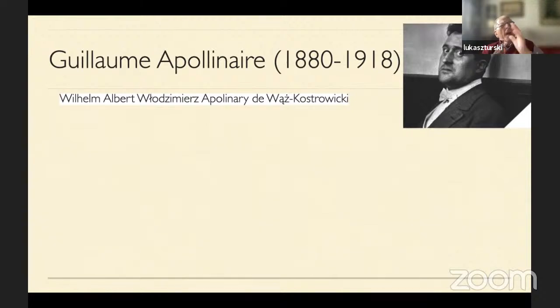He was actually a Polish, Belarusian, Italian, French poet. His original name was Wilhelm Albert Włodzimierz Apolinary de Wąż-Kostrowicki. He was born in Rome, and very soon his family moved to France, to Paris.